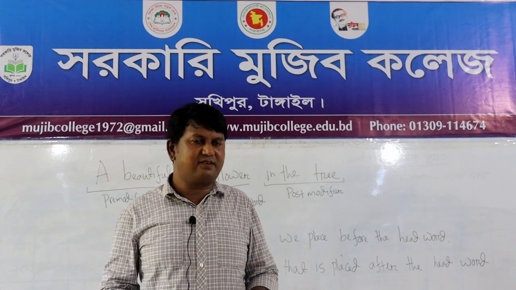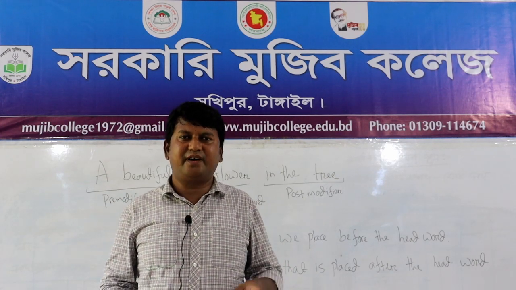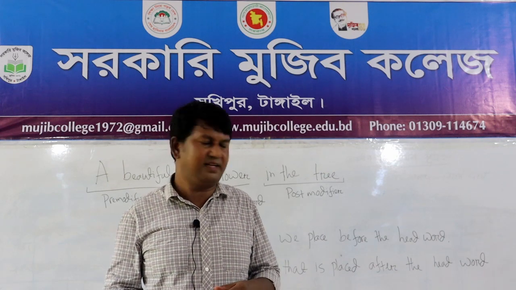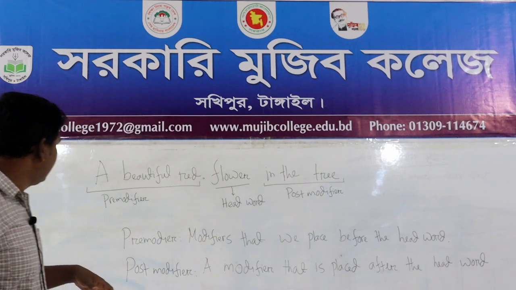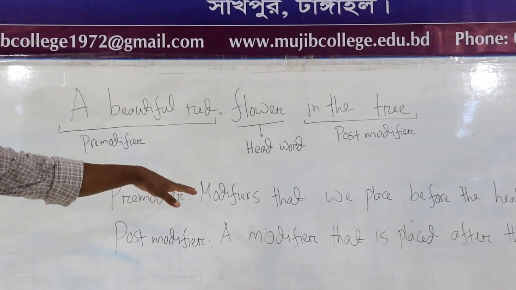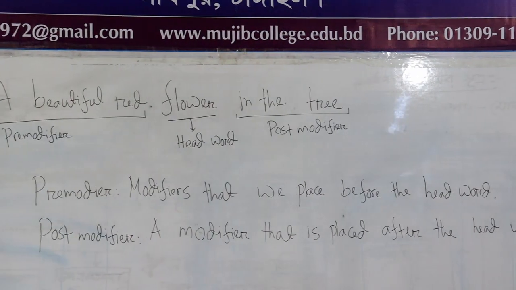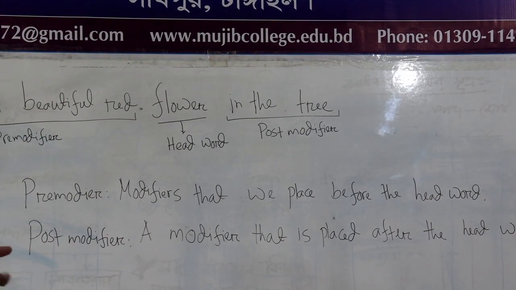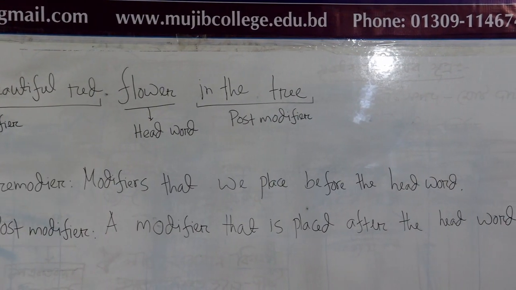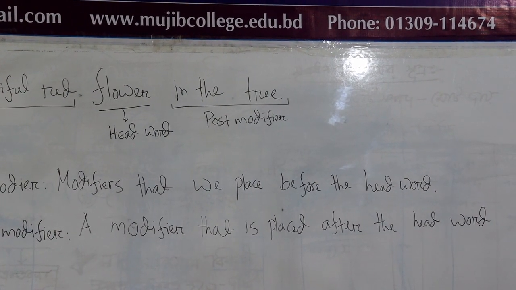According to the position, modifier is of two types, pre-modifier and post-modifier. Look at the board. What is pre-modifier? Modifiers that we place before the head word are pre-modifiers, and the modifiers that we place after the head word are post-modifiers.